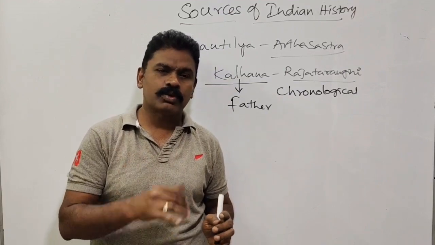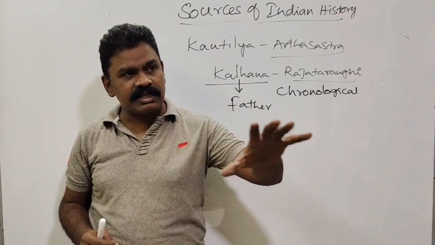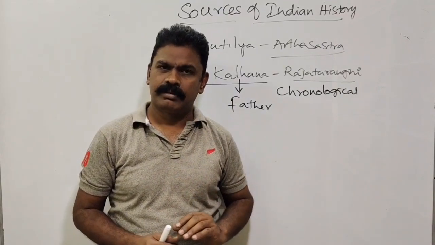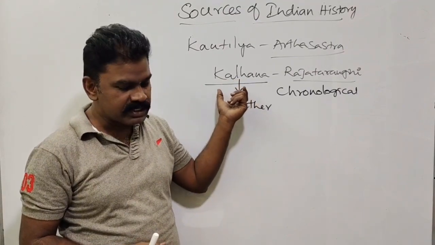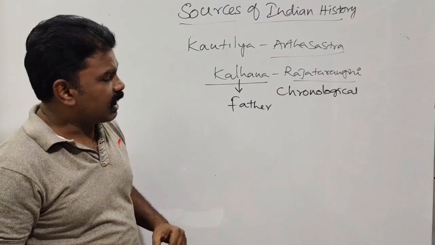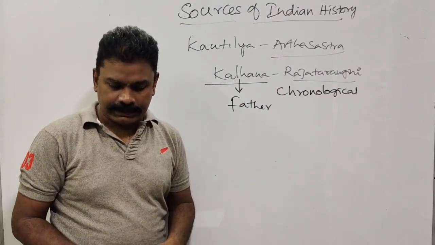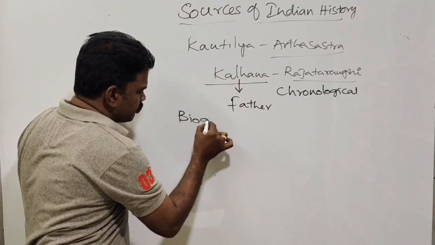That means Indian writers did not concentrate on chronology in the earlier period. The first poet who concentrated on it was Kalhana, in the Rajatarangini.